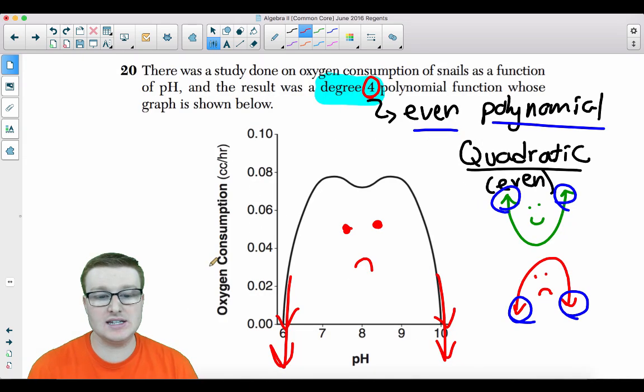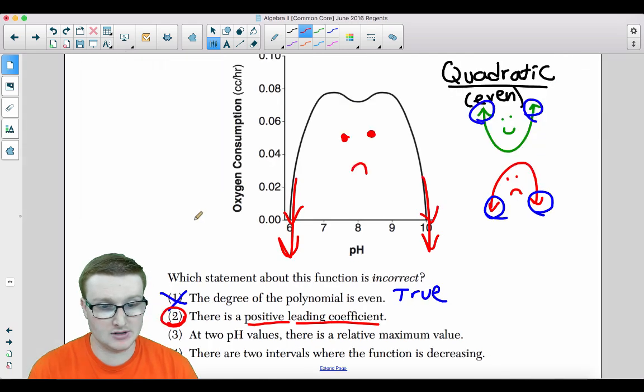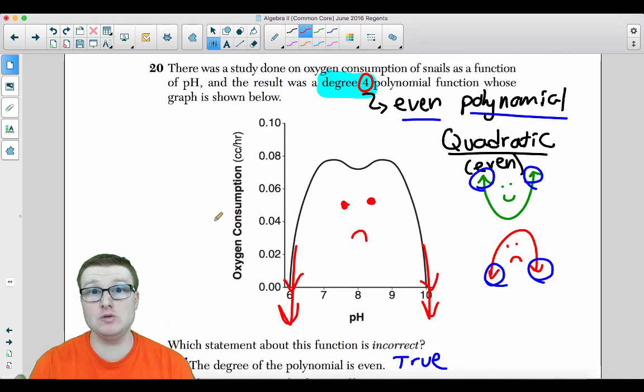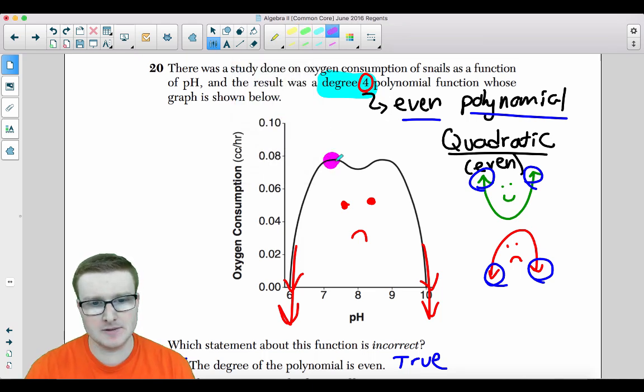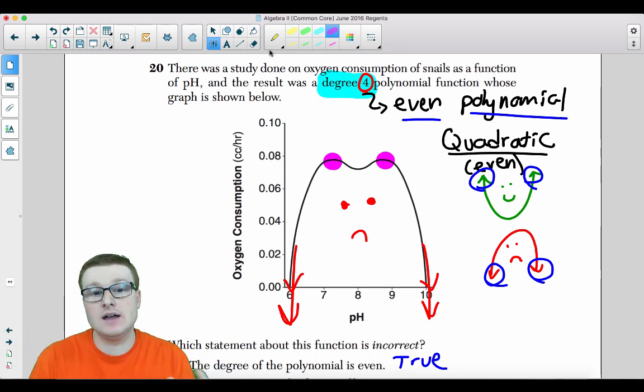But let's just say you didn't get that answer and you were confused about the other couple down here, choices 3 and 4. Choice 3 says at 2 pH values, there's a relative maximum value. Well, where's that relative maximum? Your relative maximum is here and here at 2 pH values. Relative maximum means the highest point in its neighborhood, and since it's relative, there can be 2 of them.